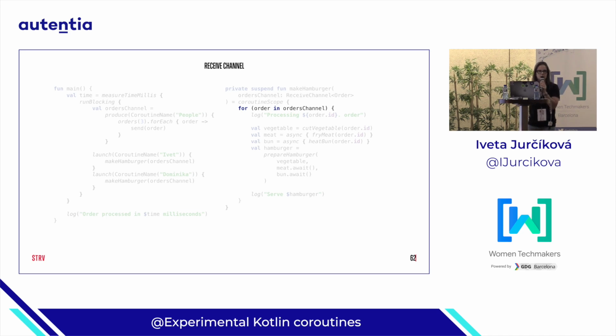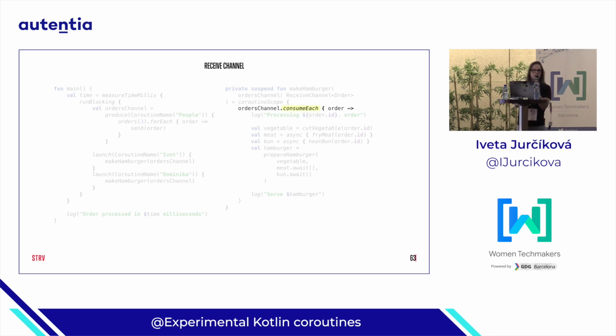The second optimization is that instead of the for loop, we can use the consumeEach extension function, which does almost the same. It creates a for loop somewhere under the hood, but it's not totally safe to use it with multiple receivers.